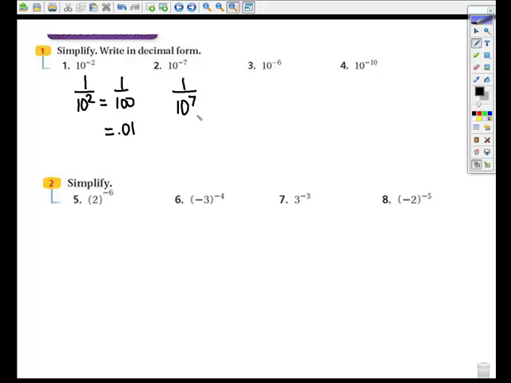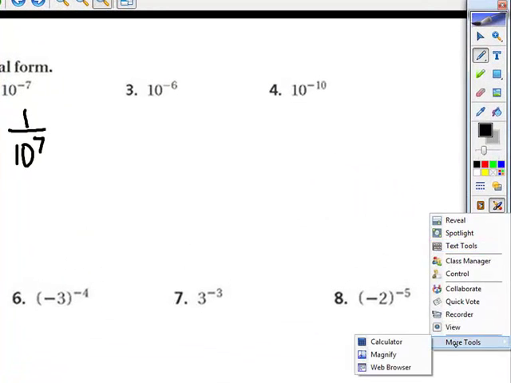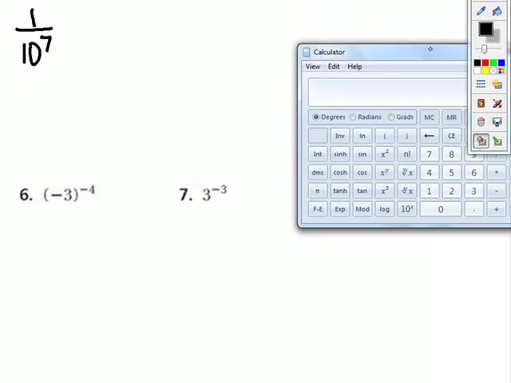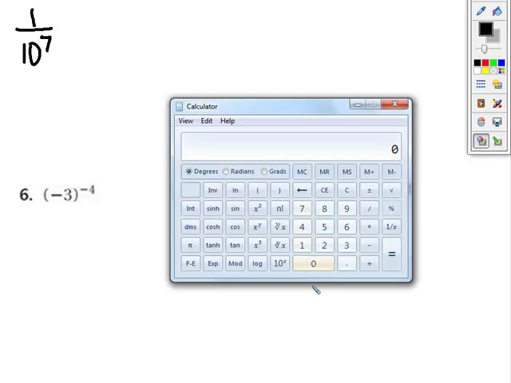So this will be 1 over 10 to the positive 7. I'm going to grab my calculator and change it to scientific. I'm going to go 1 divided by, and I'll put it in parentheses, 10 to the power of, let me find that on here, 7, equals.